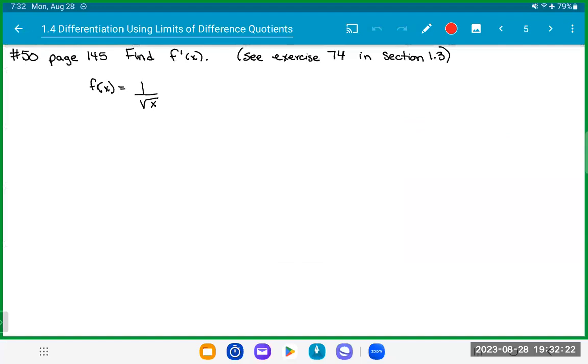All right. So this next problem, I do want to tell you, this one is a little bit crazy because we have to do the difference quotient to simplify this down for the limit.